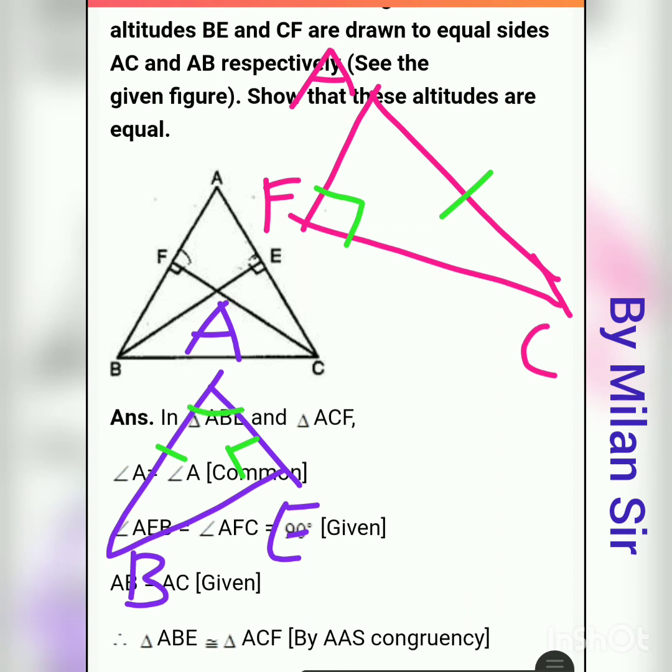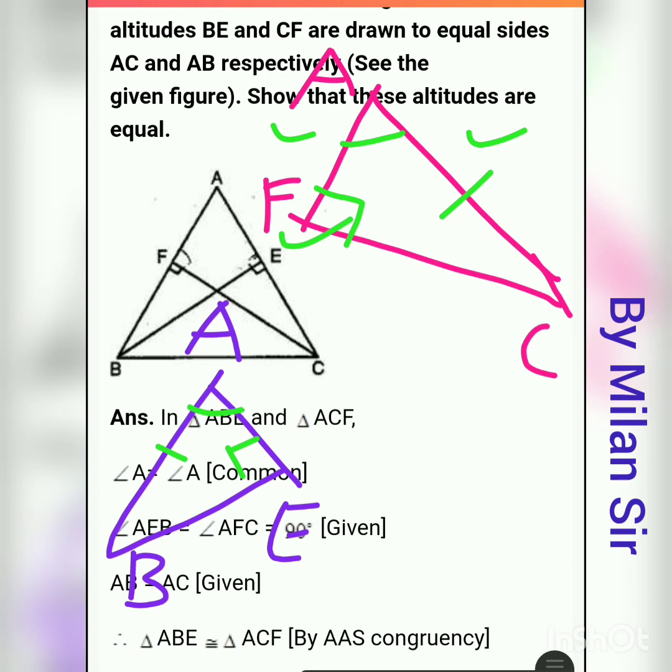And third thing, angle A is common in both the triangles. So by using the angle-side criteria, we can say that these two triangles are congruent. After that, by using CPCT, we can say that BE is equal to CF.